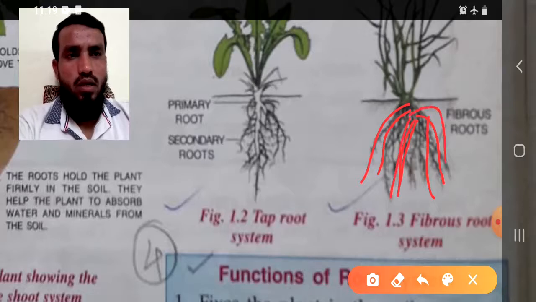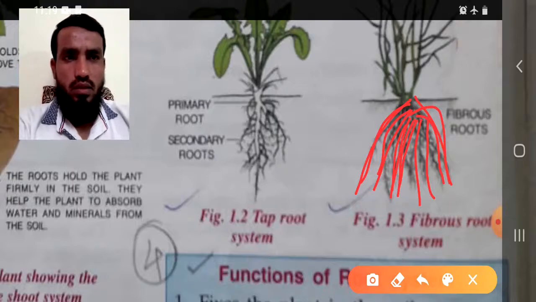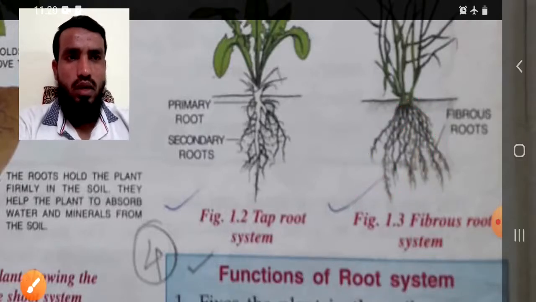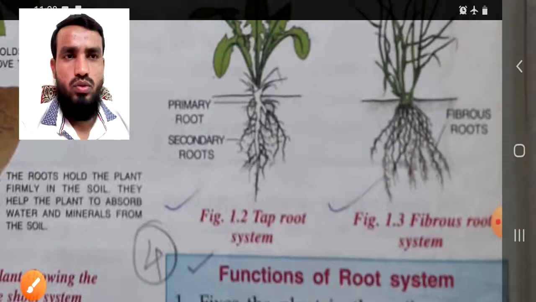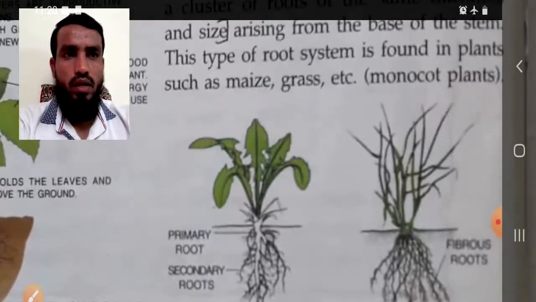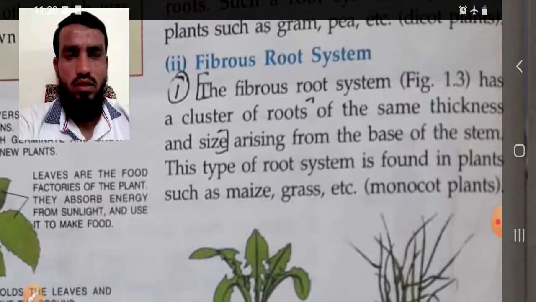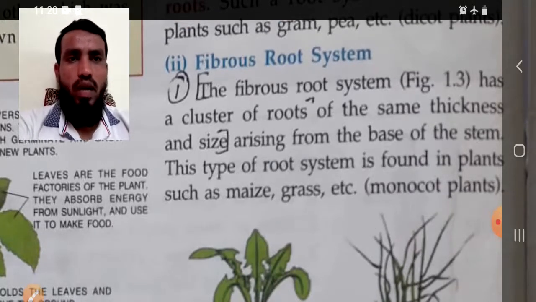There is no main root from which others come out. All the roots just arise from the stem and all have the same thickness, and that is why it is called fibrous. It's a bunch of roots arising from the stem, all having the same thickness and size, right? So this is called the fibrous root system.